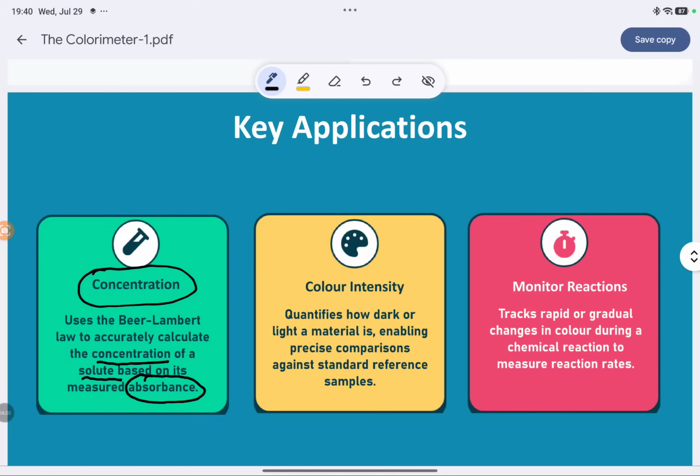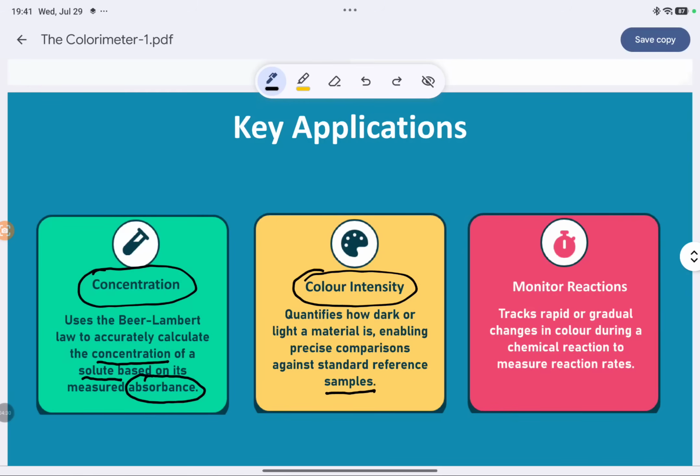The second application of the colorimeter is that it determines color intensity. It quantifies how dark or light a material is, which enables precise comparison between the standard and the sample.